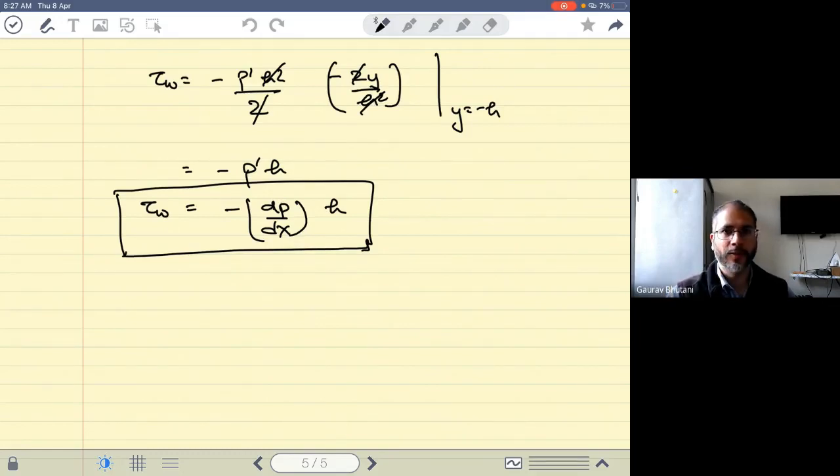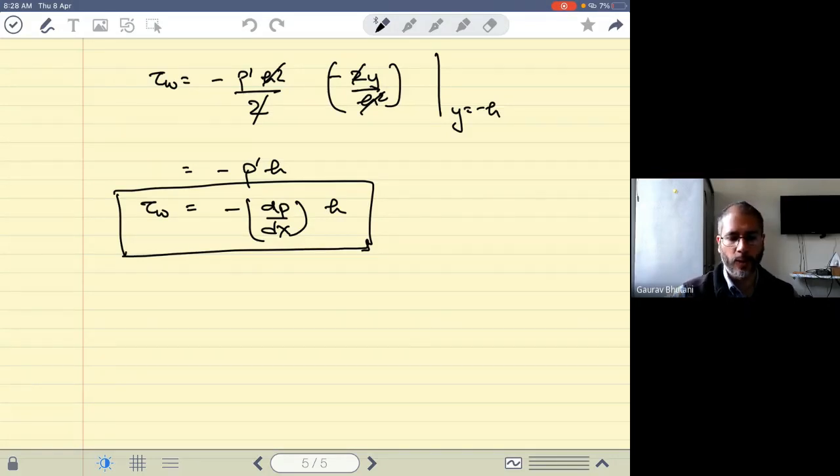So dp by dx is something we can measure, because it's given to us what p1 and p2 are. So delta p is something that we can measure, and delta l, the length of the plates, is also something we can measure, and h again is something that's given to us, the half distance between the plates. So using this, we can now find the wall shear stress. And using the wall shear stress, we can find the net force the fluid is applying on the wall.